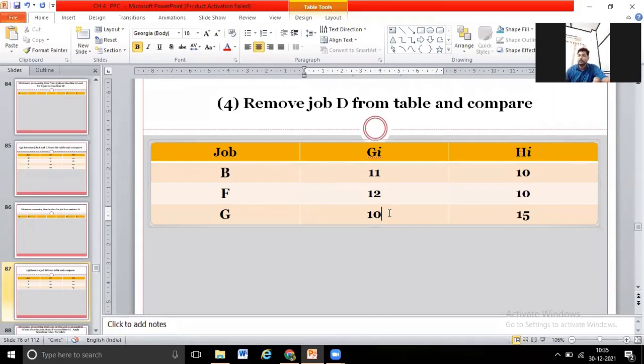Okay, so we can locate the G job in the sequencing with the highest priority for the remaining blocks. Okay, so for the remaining position, we can give the highest priority for the G job because G job is having the lowest processing time on a first machine.